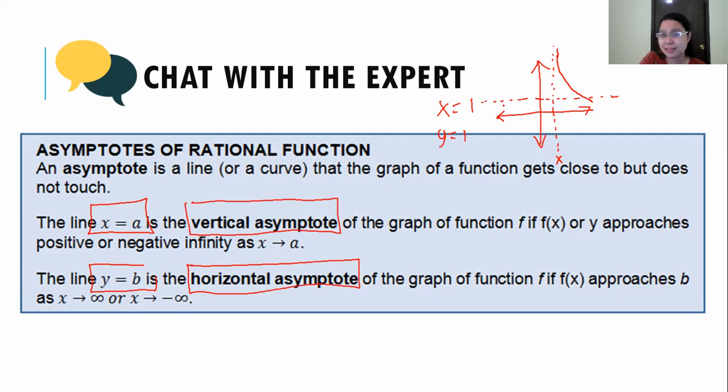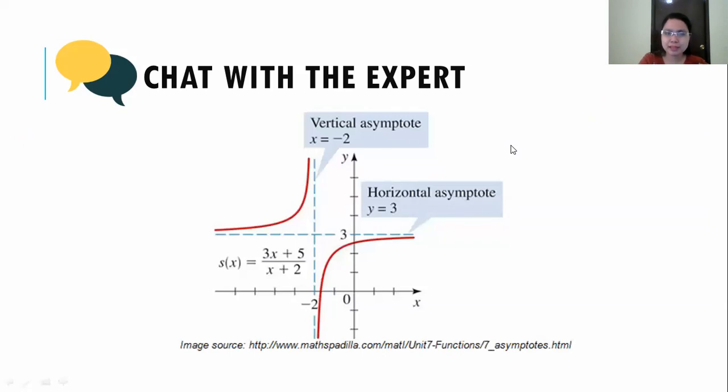So it means that the graph will never pass by these two asymptotes. Now let's start with a vertical asymptote. How do we solve the vertical asymptote and the horizontal asymptote?